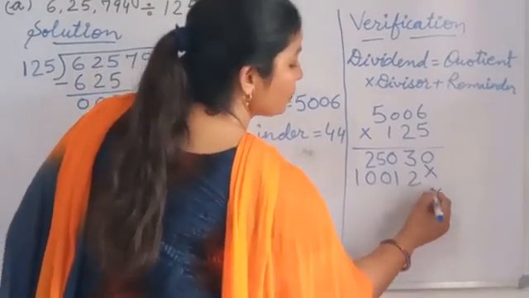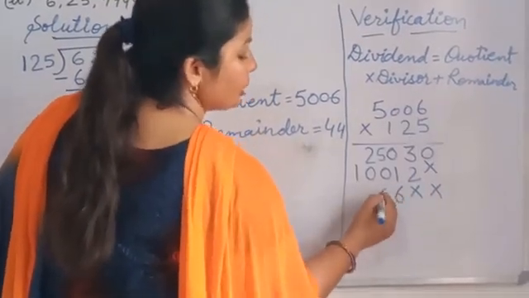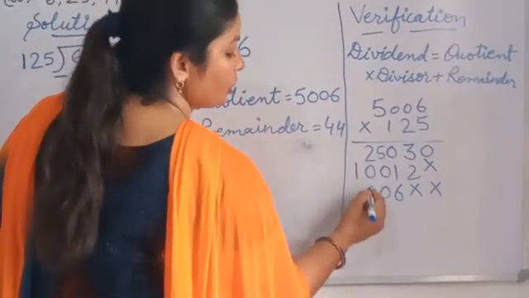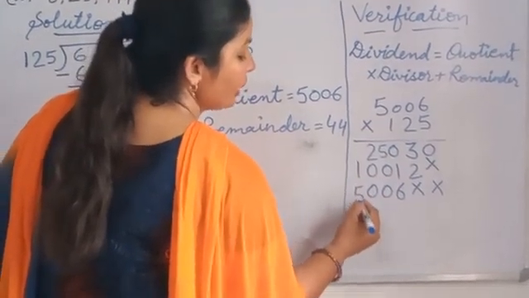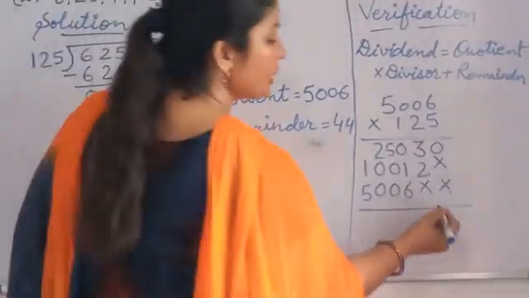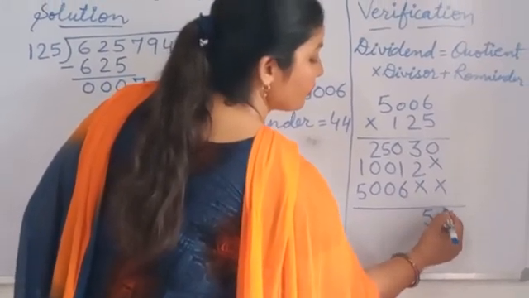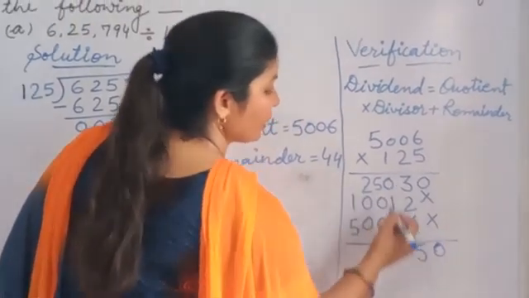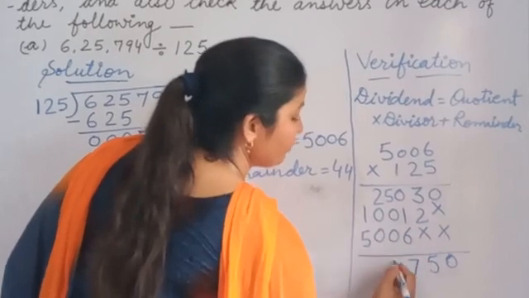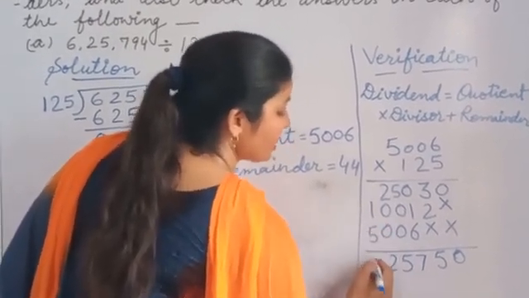Now again we cross the 1's and 10's column. 1 6 is 6. 1 zero is 0. 1 zero is 0. 1 five is 5. Now we do addition. So now there is 0, 5. Now 7. 5 plus 0, 5. 2 plus 0, 2. 5 plus 1, 6.